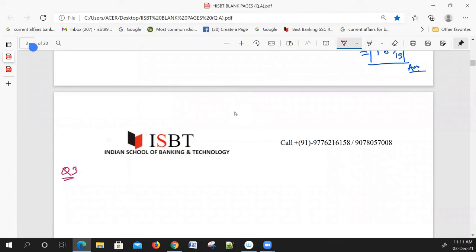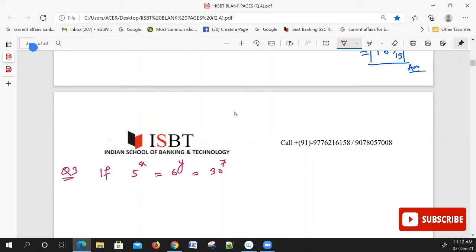If 5 to the power x is equal to 6 to the power y is equal to 30 to the power z. Suppose this is 30 to the power 7.